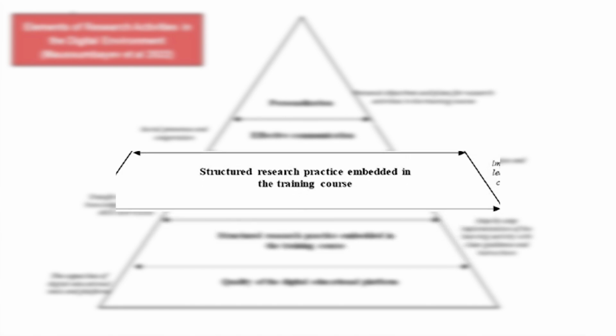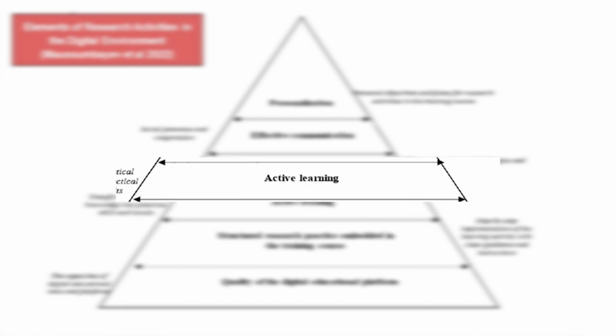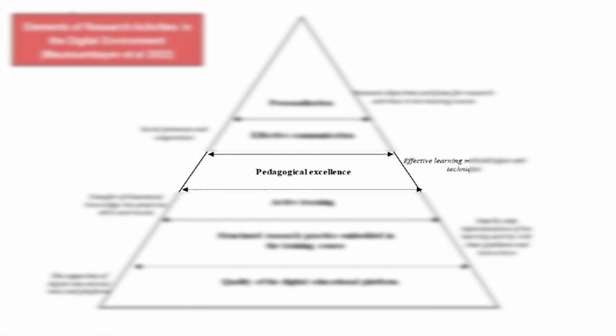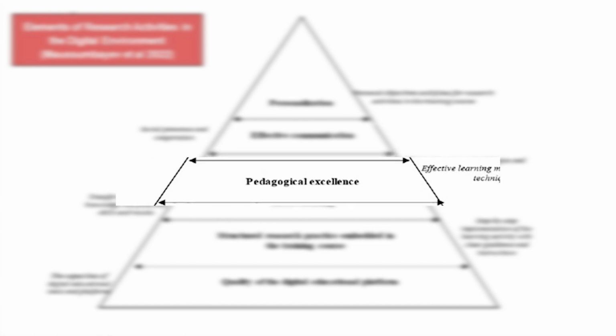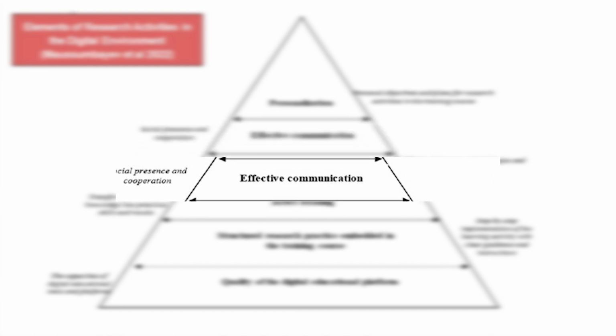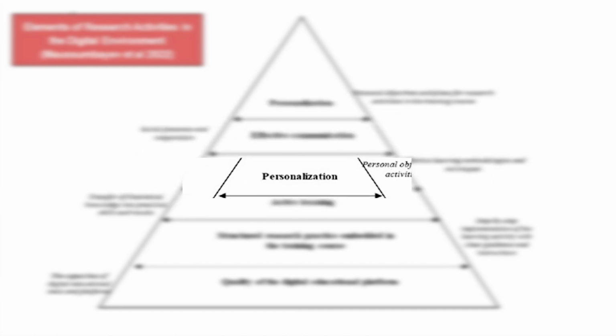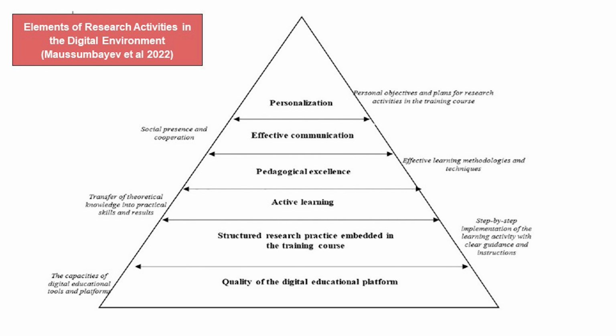In this framework, you can find 6 elements: quality of the digital education platform, structured research practice embedded in the course, active learning, pedagogical excellence, or I would like to use the word approach, effective communication, and personalization. The quality of the digital education platform focuses on the capacities of digital educational tools and platforms.